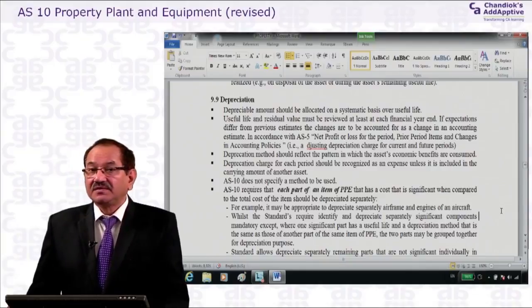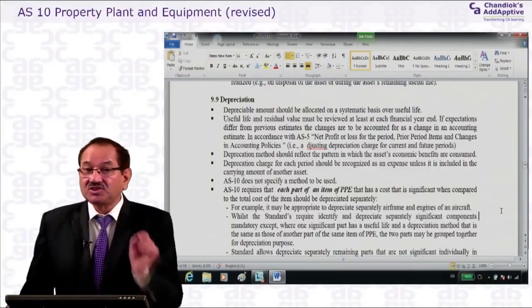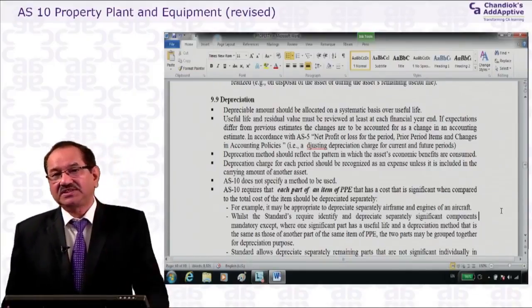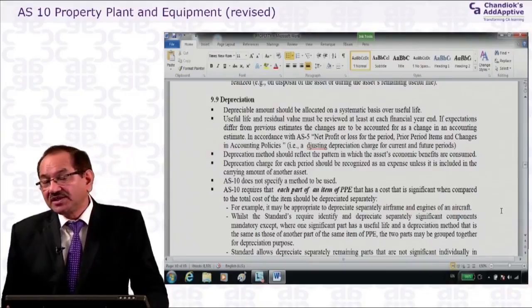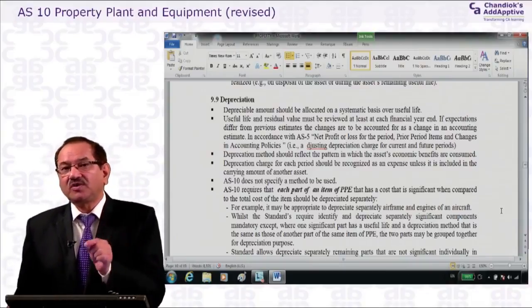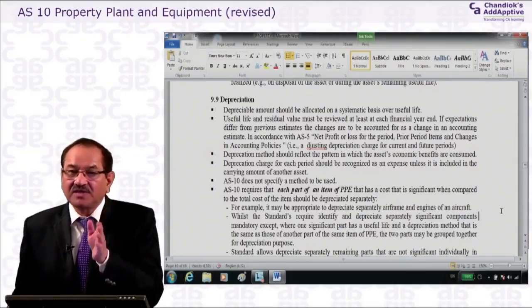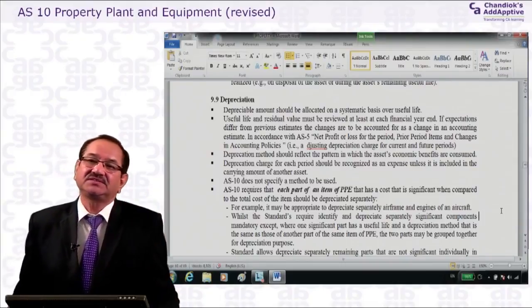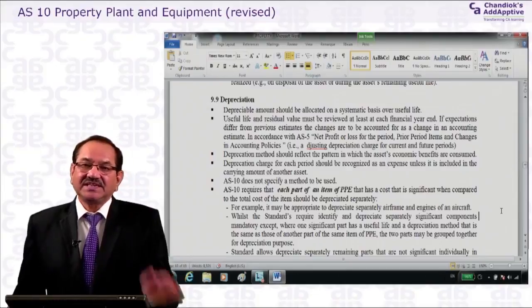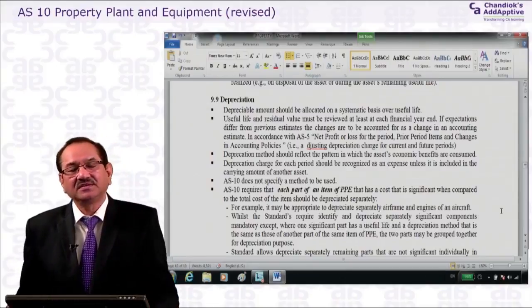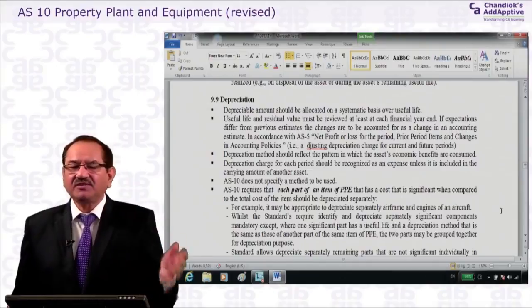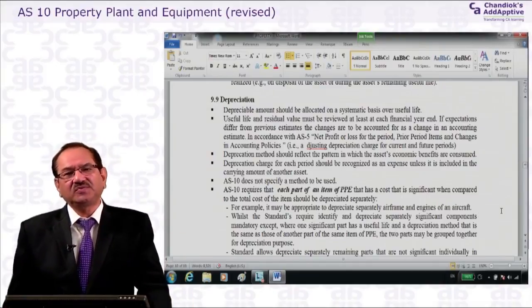Mind it, Accounting Standard 6 does not specify any method of depreciation. And dear student, if you look at Schedule 2 of the Companies Act 2013, that also doesn't give you any method of depreciation. It says that these are the useful lives of the assets, and you have to write off the assets over their useful life.